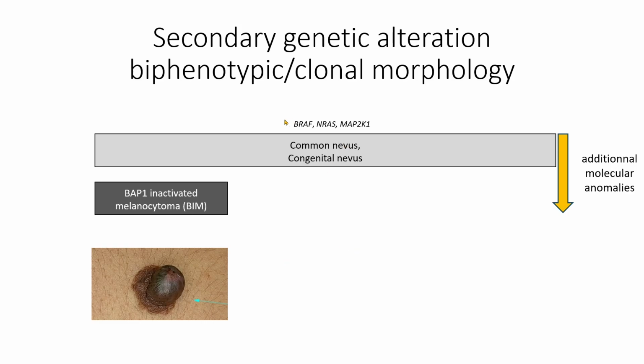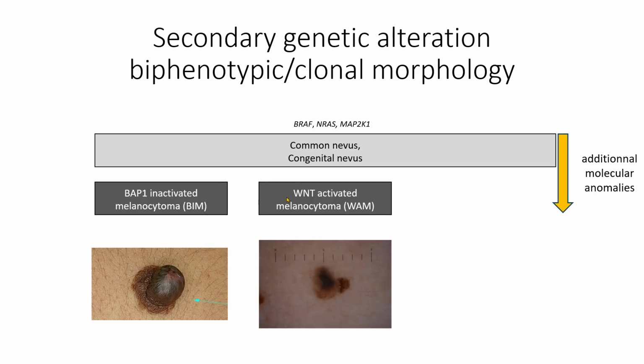So let's look at the common group, the most frequent group, in which this progression usually starts as a clonal biphenotypic morphology. And there are three examples, the first being the BAP1 inactivated melanocytoma. We have a nevus, and here is the clone. Or the Wnt activated melanocytoma, what was called DPN, where we also have this hyperpigmented area arising from a nevus.